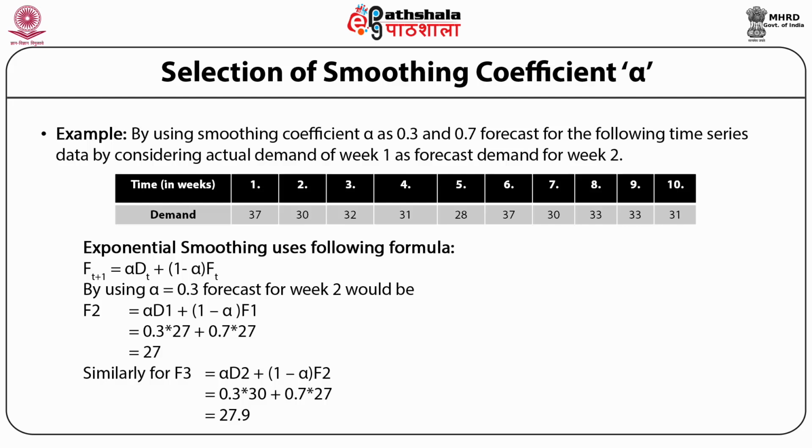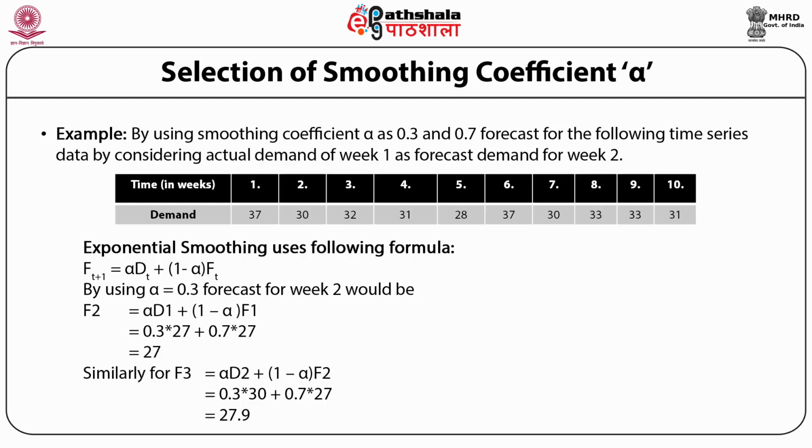By using alpha as 30% or 0.3, the forecast for week 2 was calculated as F2 = 0.3 × 27 + 0.7 × 27, which gave us 27.